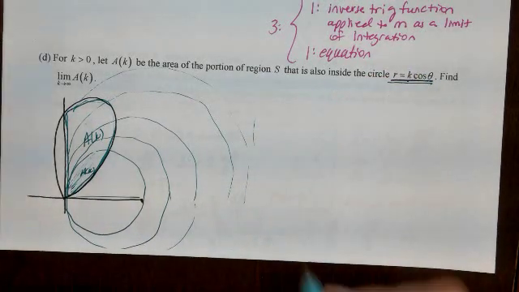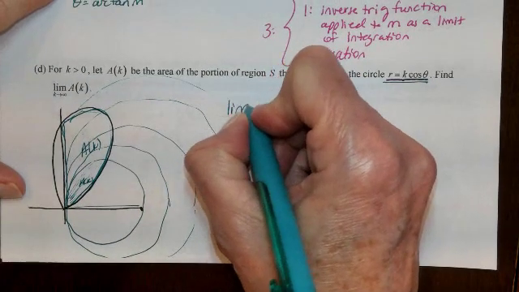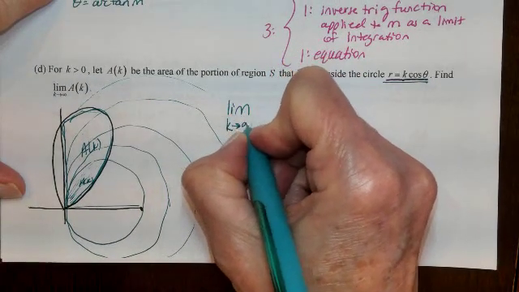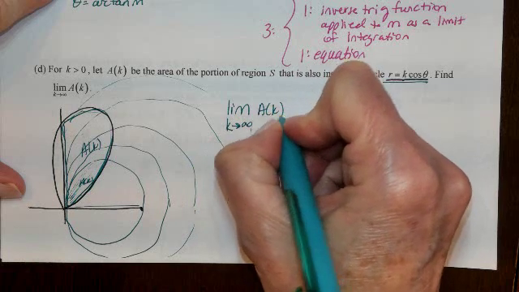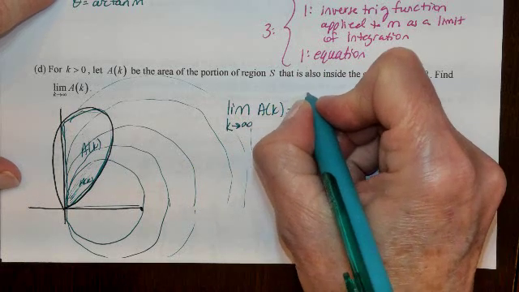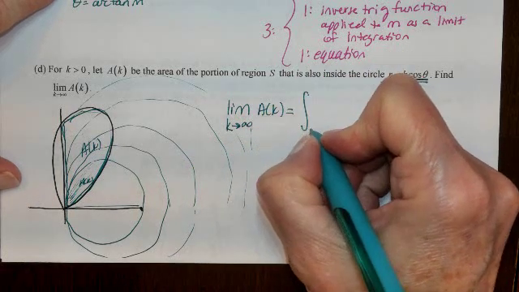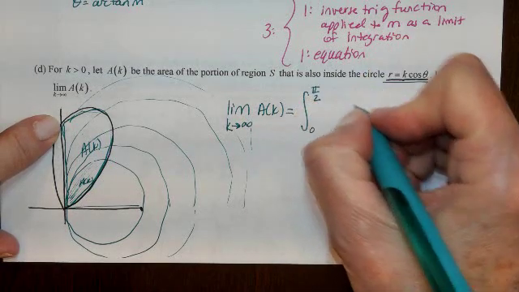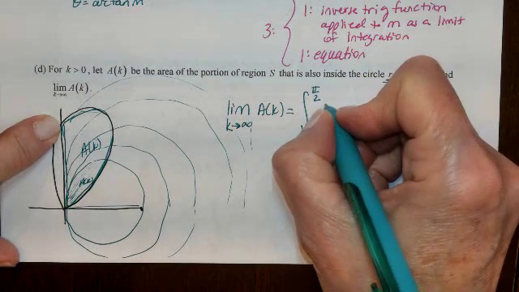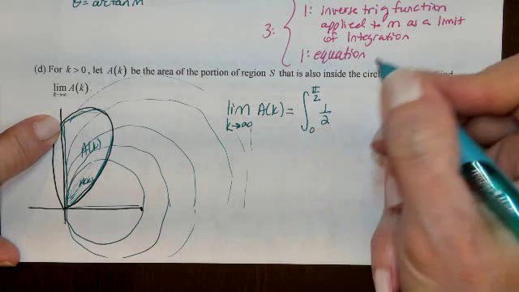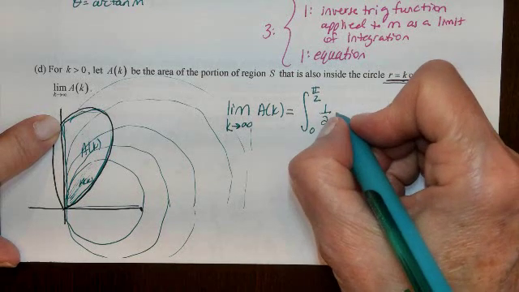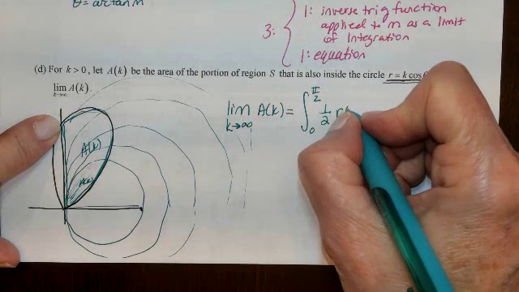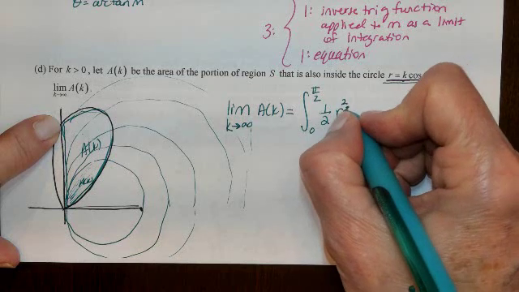So the limit as k goes to infinity of that area is going to be the integral from 0 to pi over 2 of 1/2 of our curve, oh, I should just put squared. I would erase that.